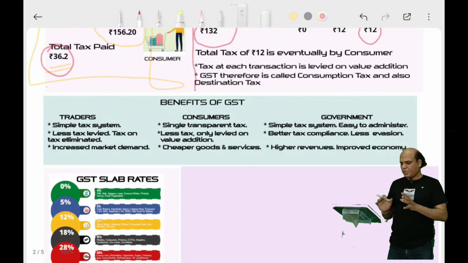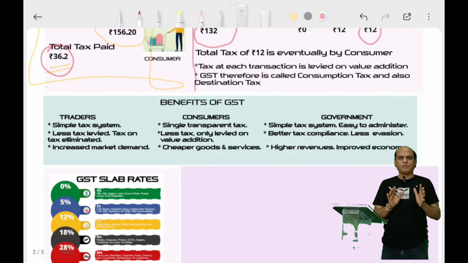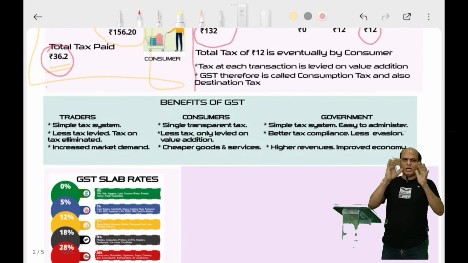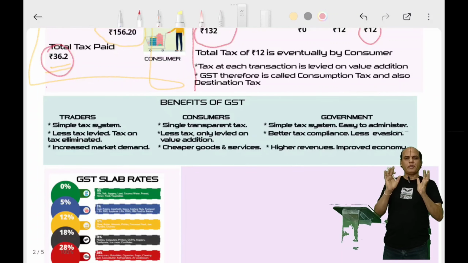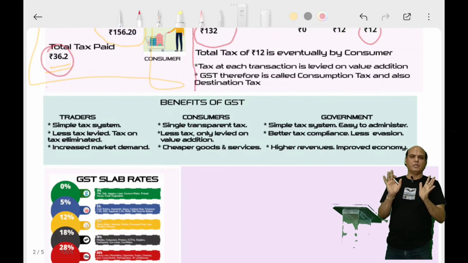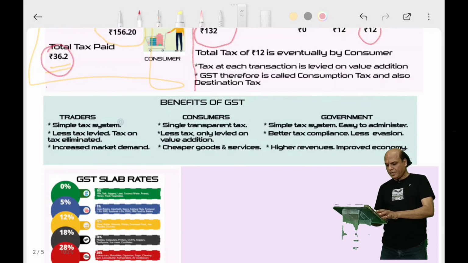Now, after the arrival of GST, it is one tax, one nation. So entire markets in all the states and union territories now behave as one market. They just need to pay GST, input, output, what is the tax level, finish. So this has simplified the tax system for traders.